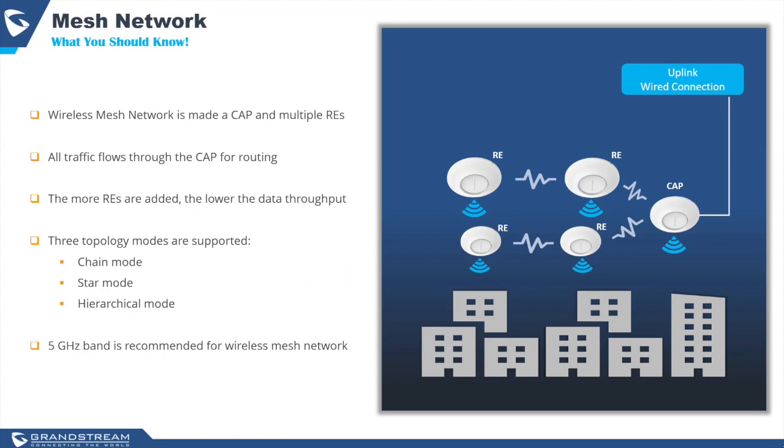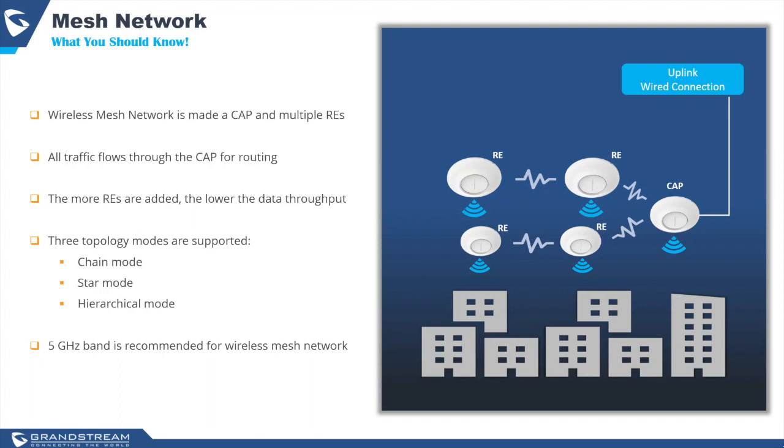Another thing, depending on the location layout, there are 3 topology modes that can be used for a wireless mesh network: chain mode, star mode, and hierarchical mode. Chain mode is used in networks requiring long transmission distance to cover more ground where Ethernet wired connection is not available.